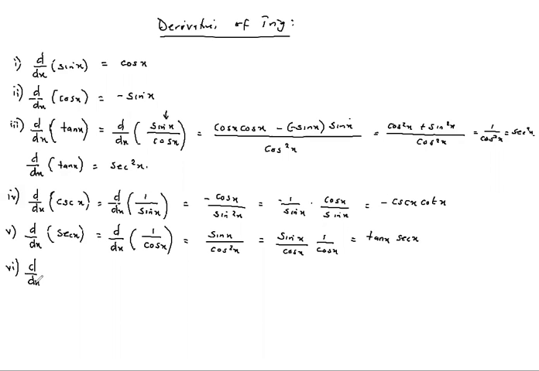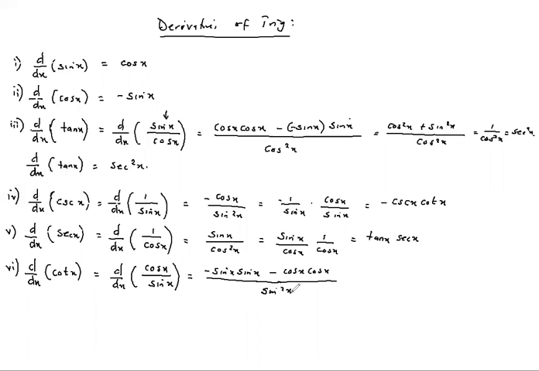The derivative of cot x, that is the derivative of cos x over sine x. You differentiate cos, you get negative sine, you multiply by sine, minus, you differentiate sine, you get cos, you multiply by cos, divide by sine squared x.